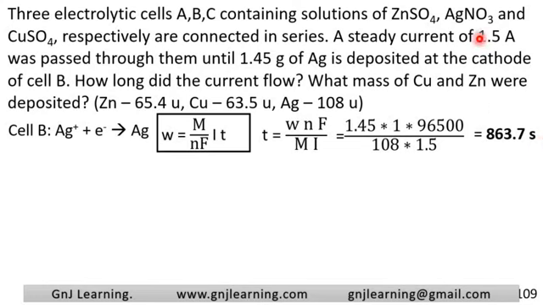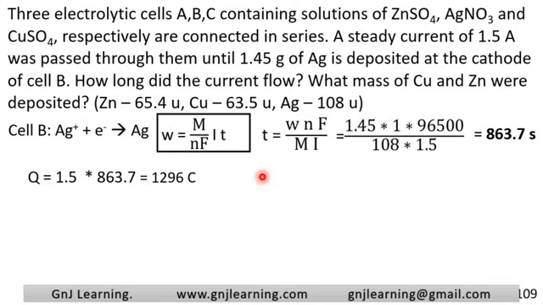So I have current, I have time. So what will be the charge? I into t, that is 1.5 ampere into 863.7, which is equal to 1296 coulombs. Here I am converting these coulombs into Faraday, to reduce the complication of further calculation.